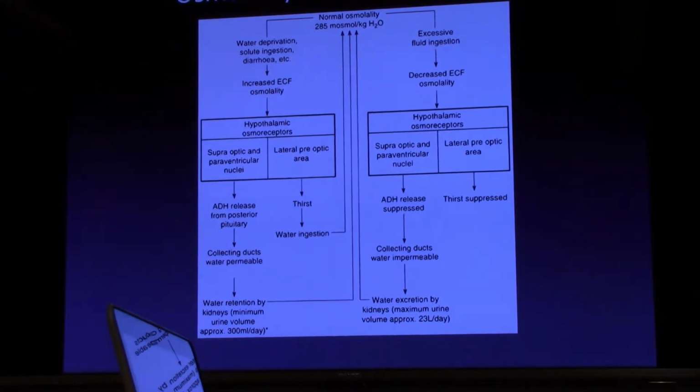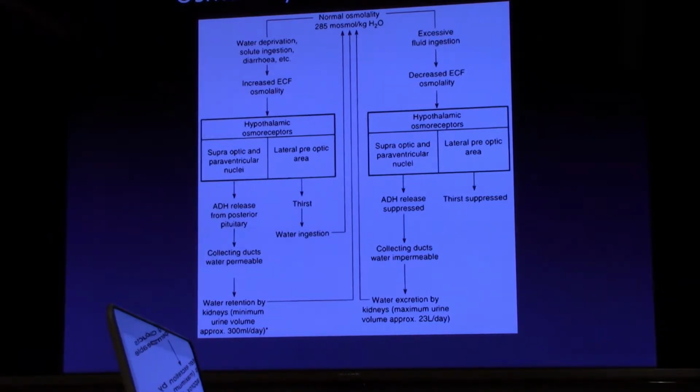As you can see on the right-hand side, you have increased osmolality from things such as water deprivation, solute ingestion, or diarrhea, which is sensed by the hypothalamic osmoreceptors, leading to ADH release, which then leads to water retention, as well as your thirst mechanism being turned on, leading to water ingestion, all acting to normalize serum osmolality.